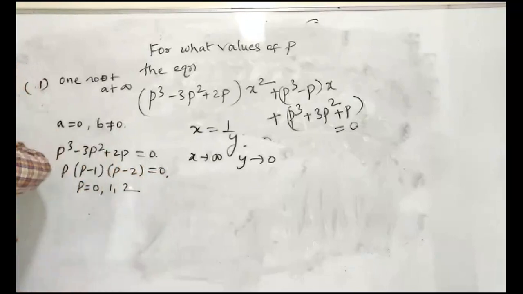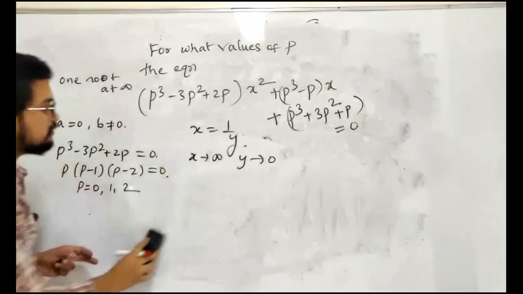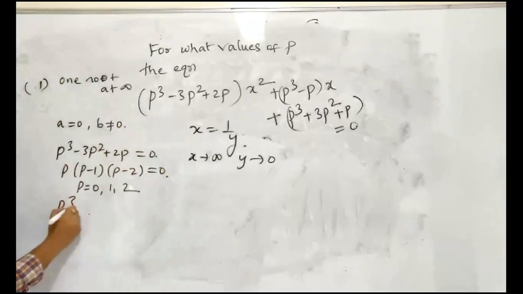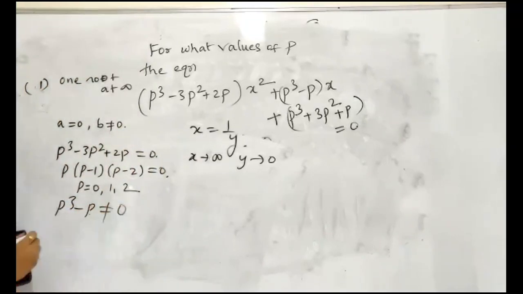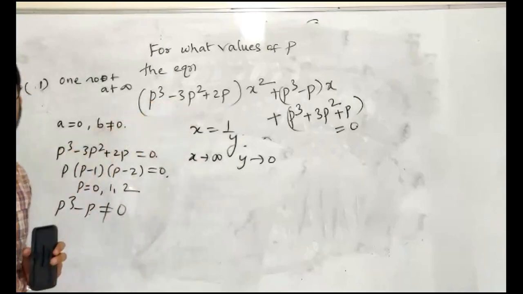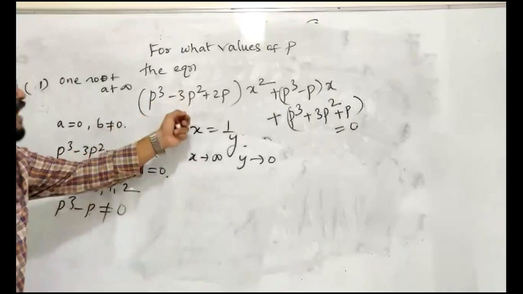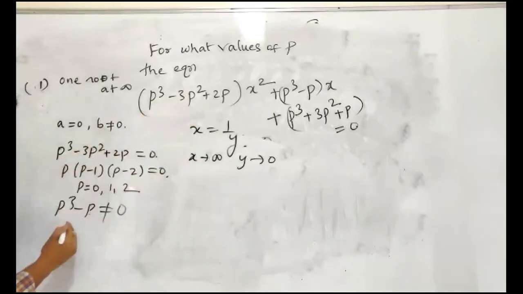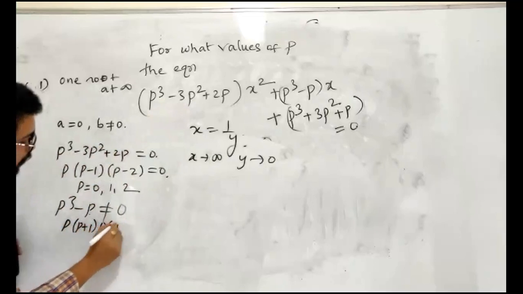Now next point what you have to get is here: p cube minus p must not be equal to 0. For getting one root at infinity, only a value must be equal to 0. So you'll get p into p plus 1 into p minus 1 is equal to 0.